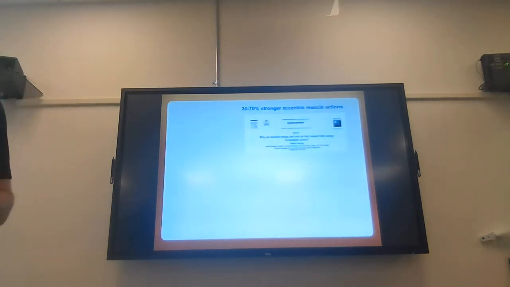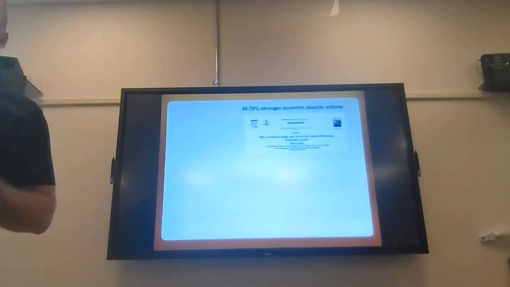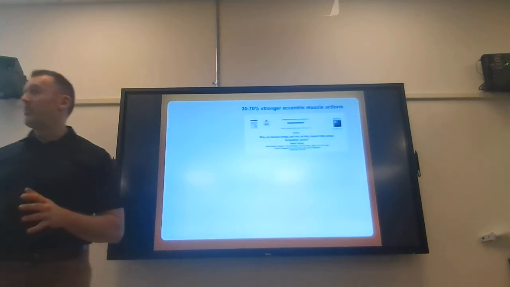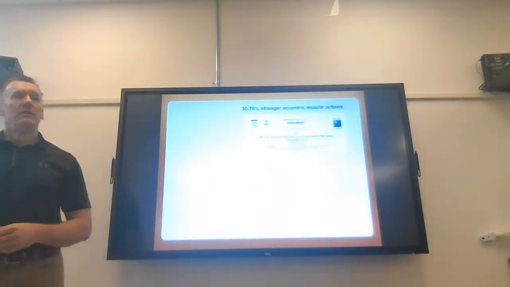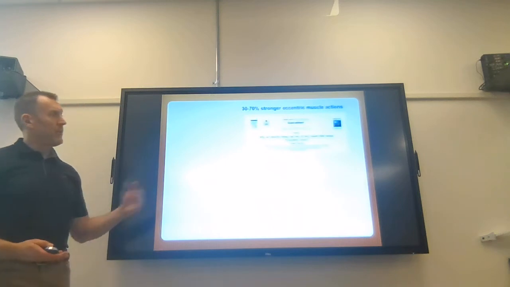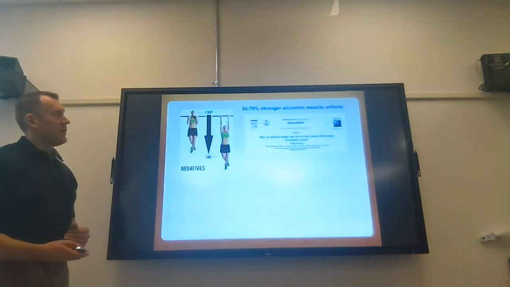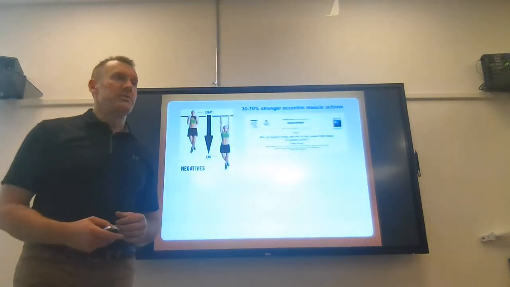We expend less energy during eccentric actions versus concentric actions. It has a lot to do with the elastic properties of muscle, where we're not breaking down ATP, we're just using the elasticity of muscle to lower the weight or lower our body weight.